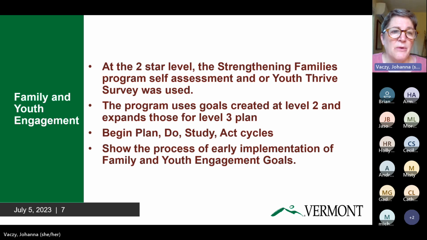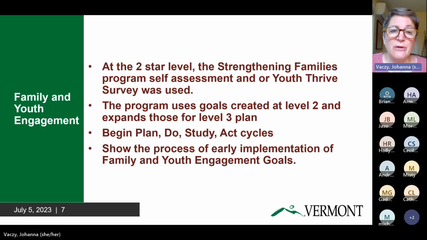Okay. So at the 2-star level, the Strengthening Families Program Self-Assessment or Youth Thrive was used, and goals were created to begin the CQI plan for family and youth engagement in the program. If the program already did a STARS level 2 CQI plan, they can use those goals from that plan and expand them for their level 3 plan.